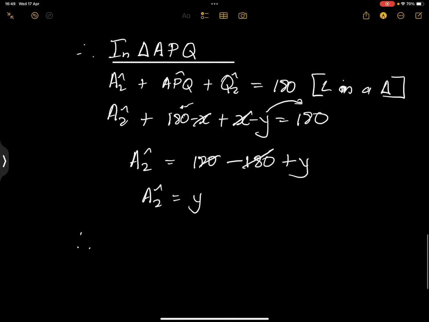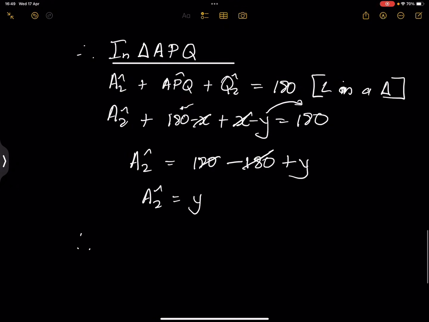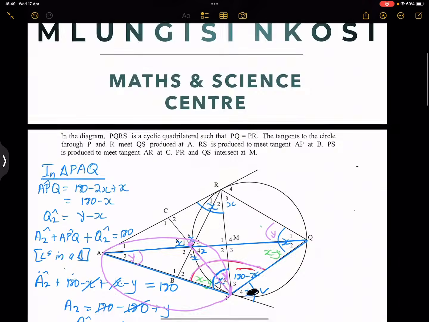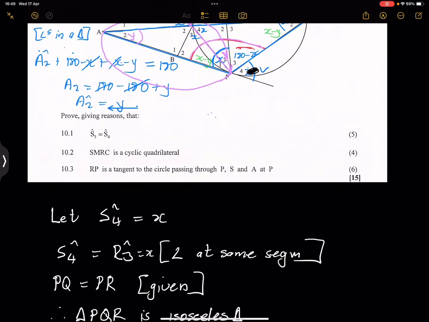So therefore, it means that P2 is equal to A2, which is equal to y, right? So those two angles are equal. Therefore, we can conclude that RP is a tangent.